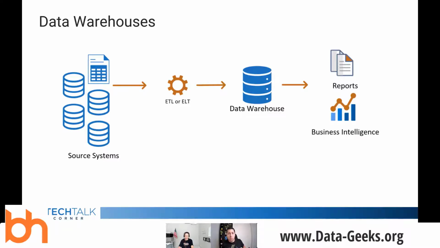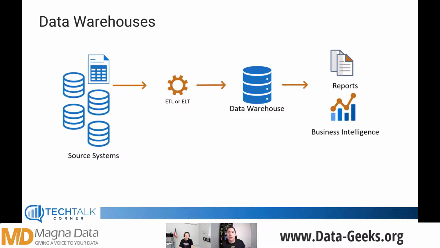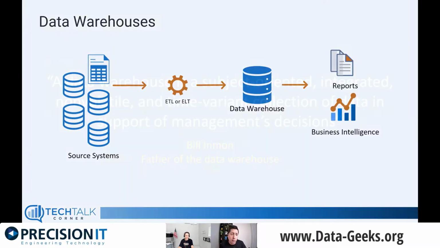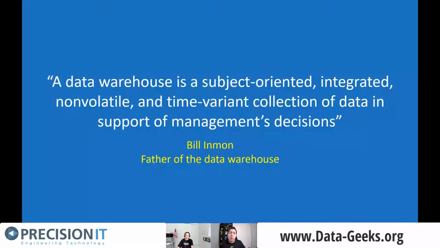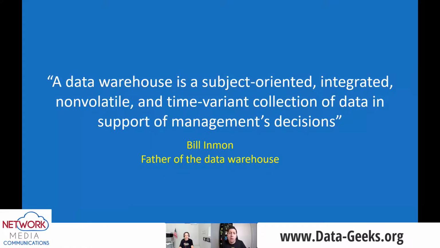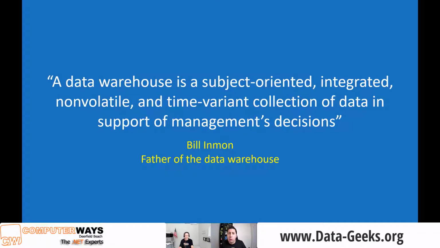If you've been reading some of the books related to data warehousing, one of the best definitions that you're going to find is the one from the father of the data warehouse, Bill Inmon. He says that a data warehouse is a subject-oriented, integrated, non-volatile, and time-variant collection of data in support of management decisions.